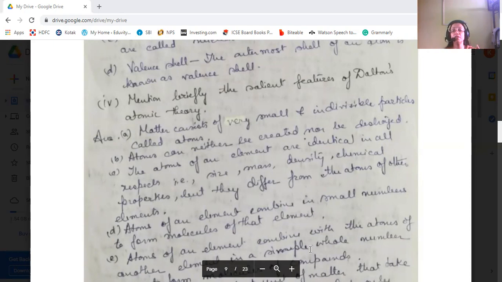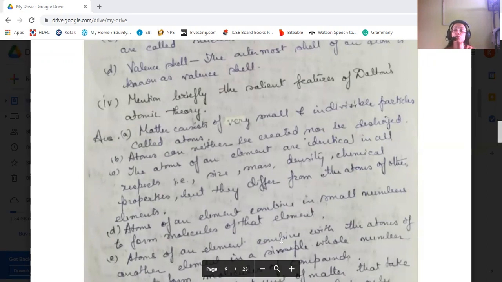The fourth point is that atoms of an element combine in small numbers to form molecules of that element. For example, two hydrogen atoms combine to form one molecule of hydrogen.